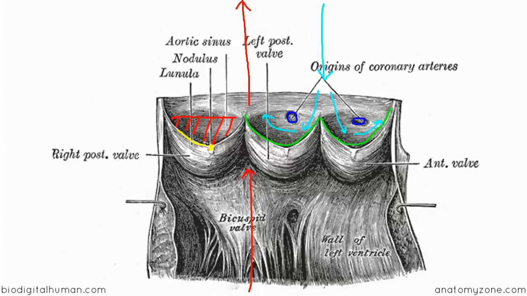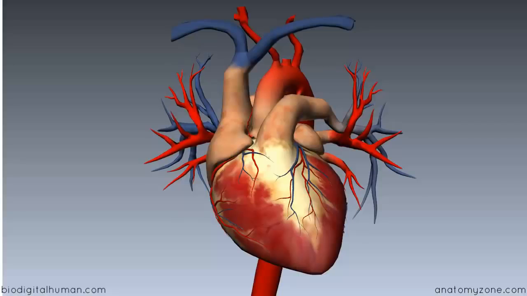So during diastole, the sinuses fill with blood, and it then fills the coronary arteries with blood. So this is important to know. Essentially you get most of the coronary blood flow occurring during diastole because of this relationship of the origins of the coronary arteries to the aortic sinuses.